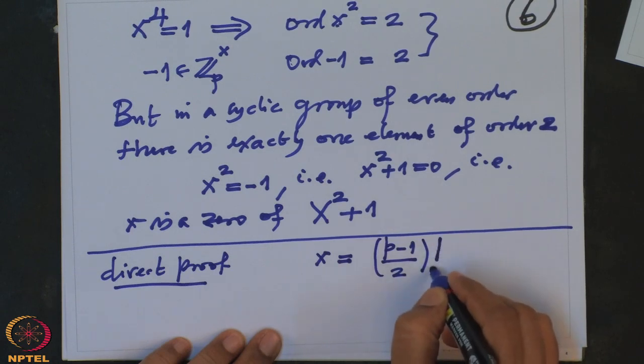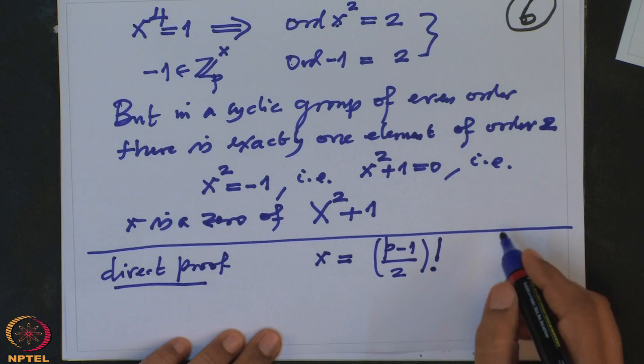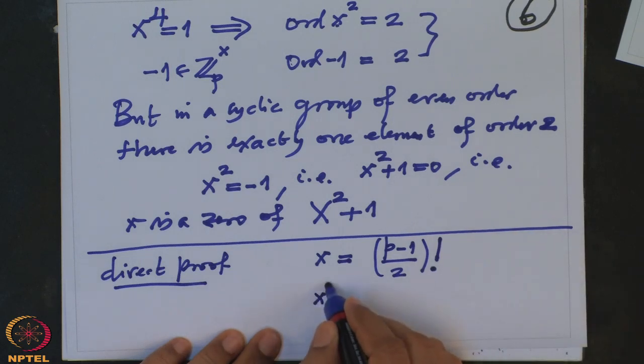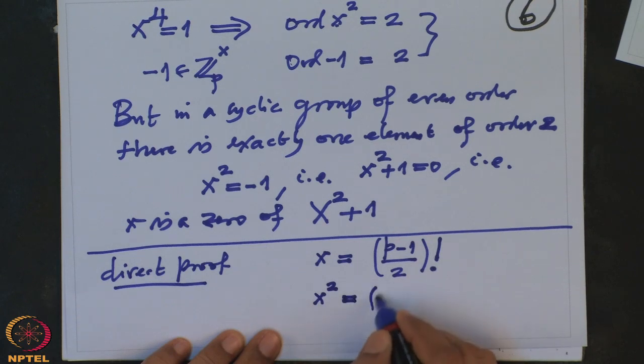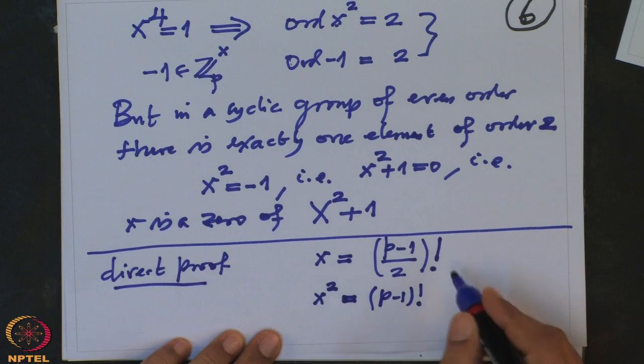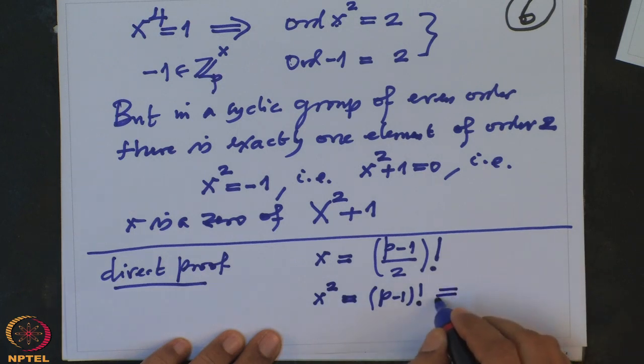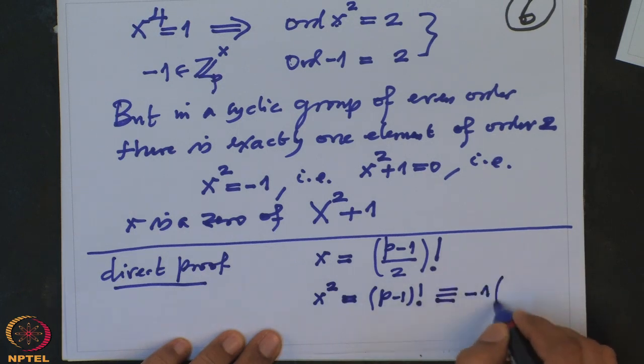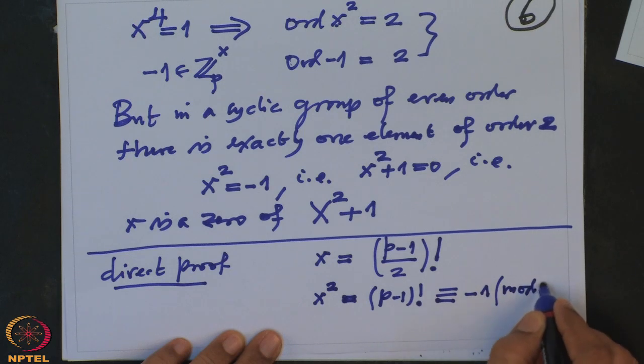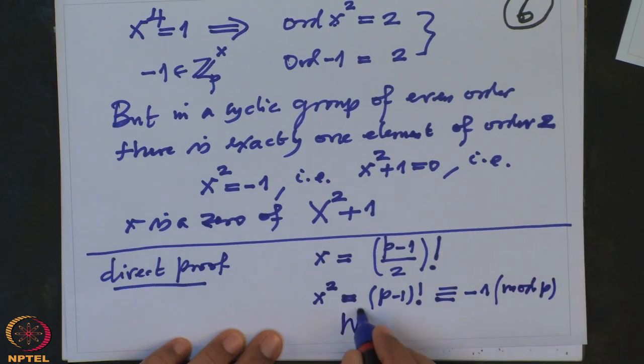Look at this element. Then we know x square is p minus 1 factorial, which is congruent to minus 1 mod p. This is precisely Wilson's theorem.